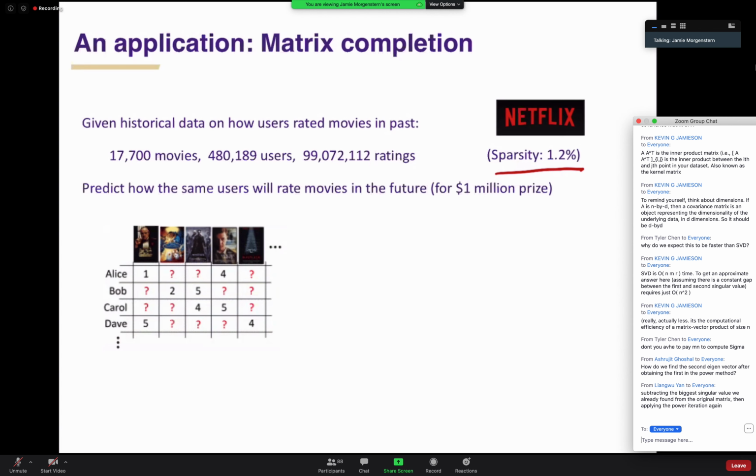There's this really large dimensional matrix which maybe corresponds to all of the ratings every person who watches Netflix would give to every movie on Netflix if they watched them. And Netflix wanted to know how to predict those from the set of ratings they currently had.